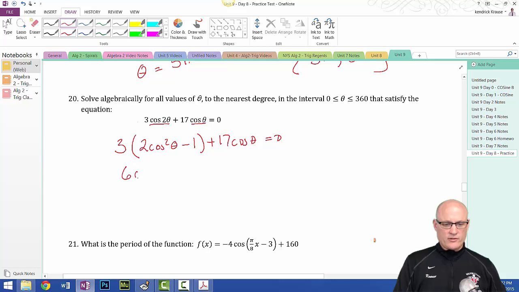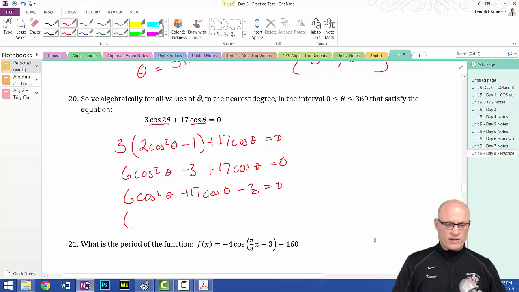Distribute, I get 6 cosine squared theta minus 3 plus 17 cosine theta equals 0. Since this is positive, we'll leave it here. So 6 cosine squared theta plus 17 cosine theta plus minus 3 equals 0.